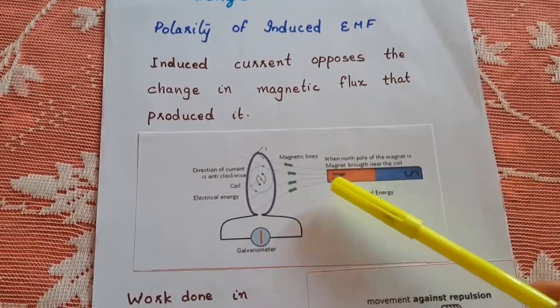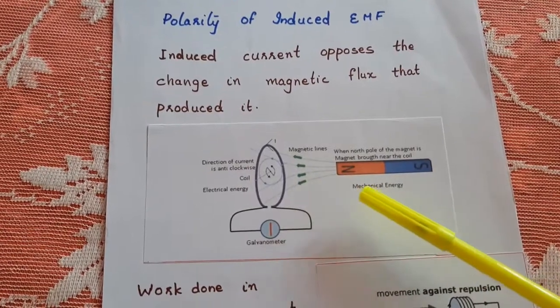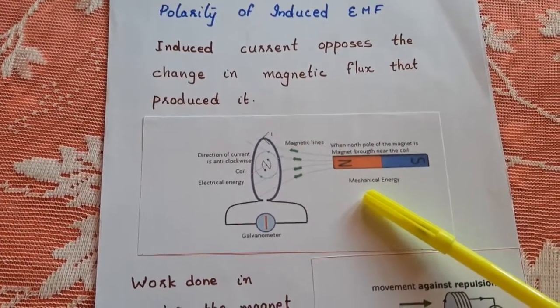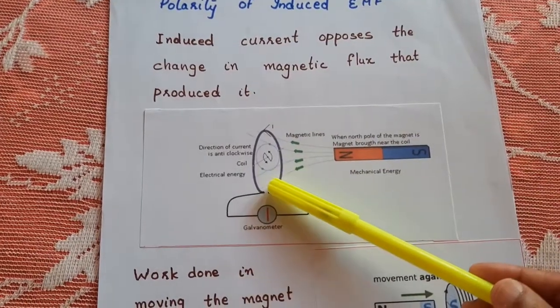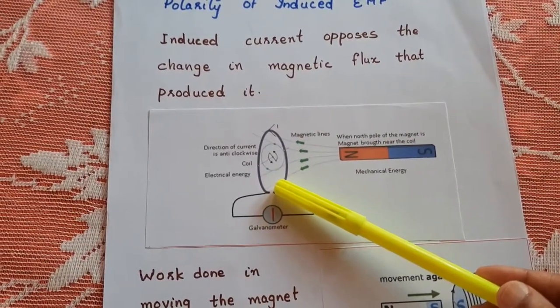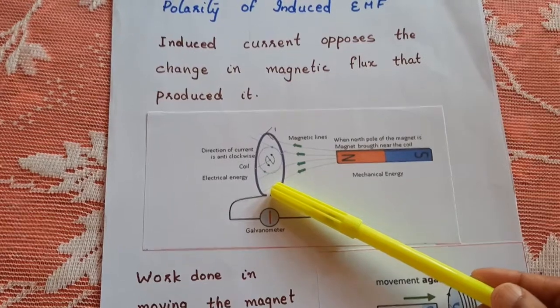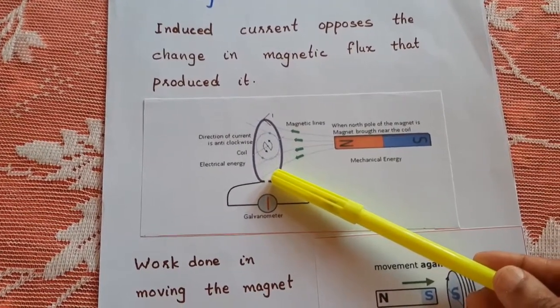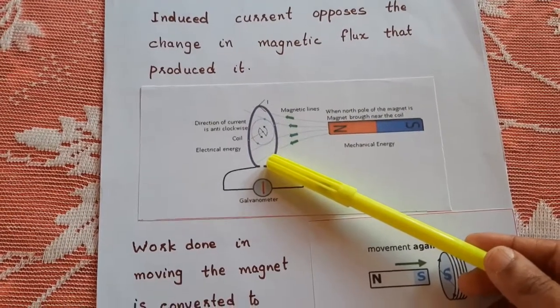So in order to move the magnet towards the coil, mechanical work has to be done. And this mechanical energy is converted to electrical energy. So this electromagnetic induction is in accordance with the law of conservation of energy.